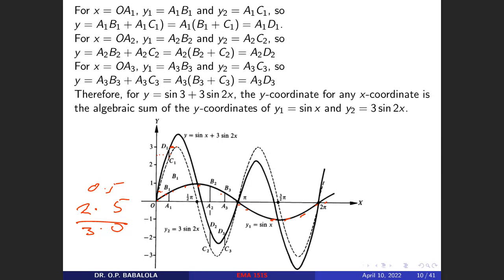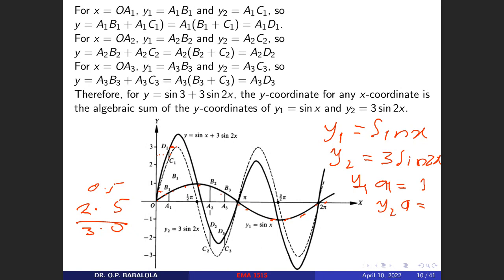Remember, you have sketched the graph of sine x. Y1 is sine x. And the graph of y2 is what? 3 sine 2x. The amplitude A for y1 is 1. For y2, A is 3. And that's why we have this graph for y2, like this. You can do the sketching on your own.